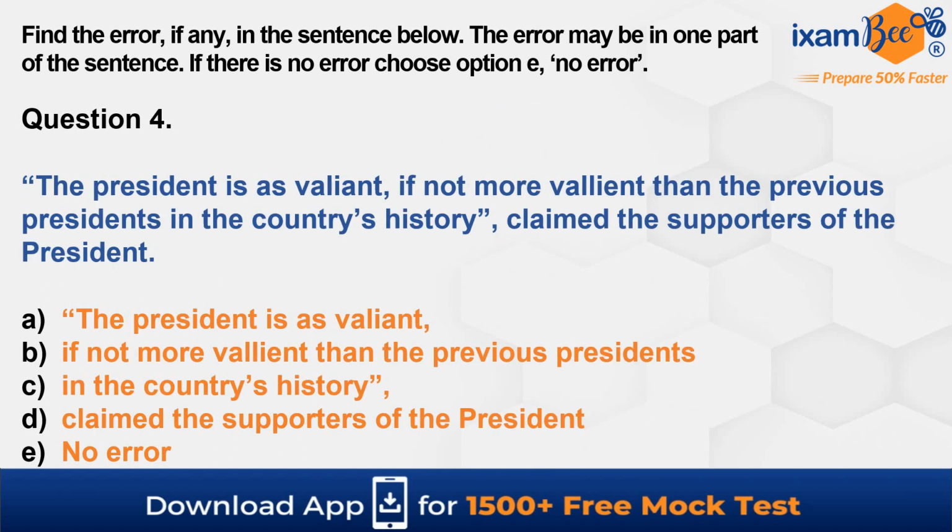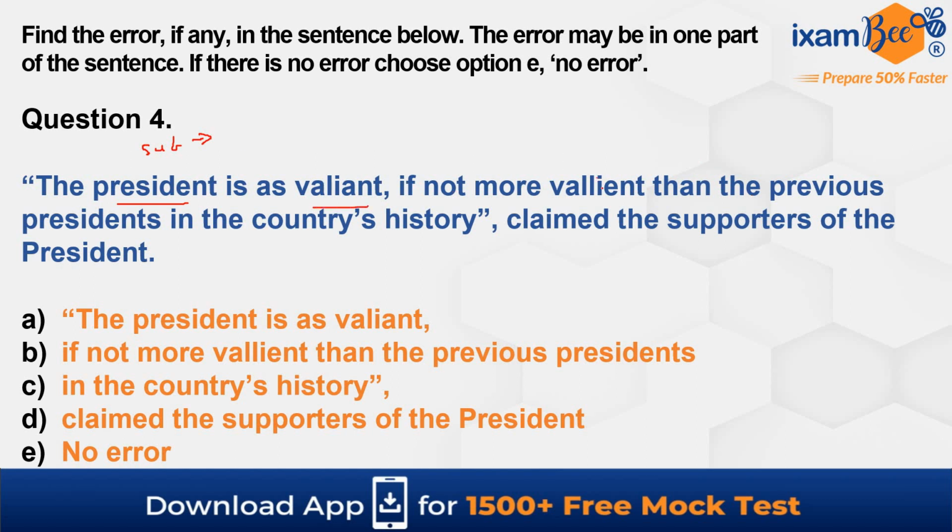Okay, let's come to the fourth important rule. The president is as valiant, if not more valiant, than the previous presidents in the country's history, claim the supporters of the president. So here what's happening? You see that there is one subject called president, right? There's one subject, president. And for this subject, one adjective is used.